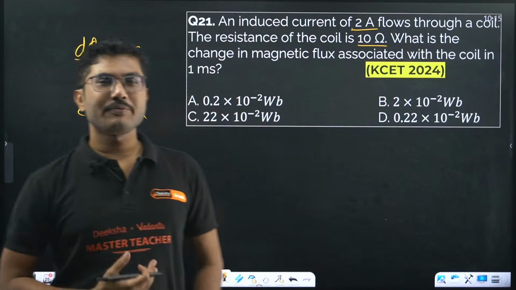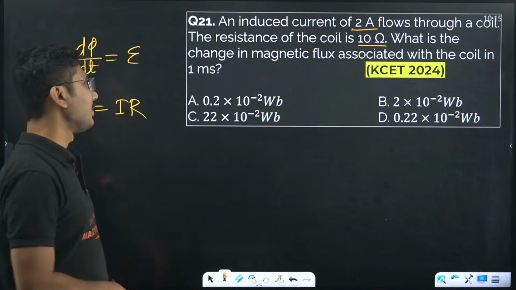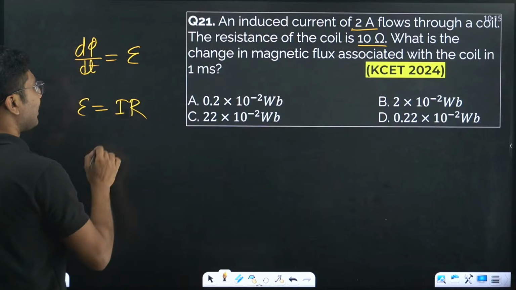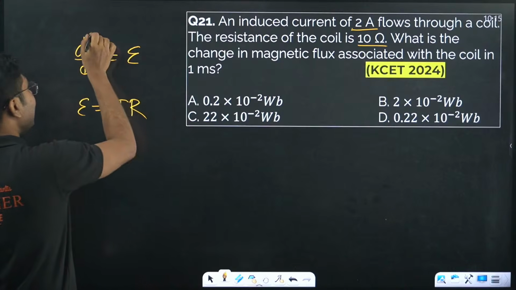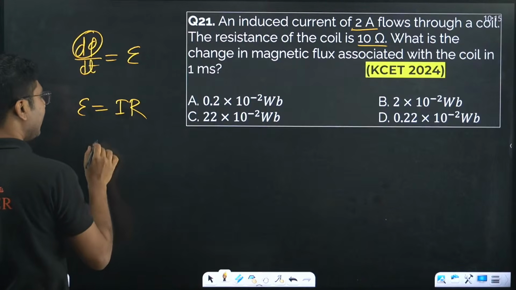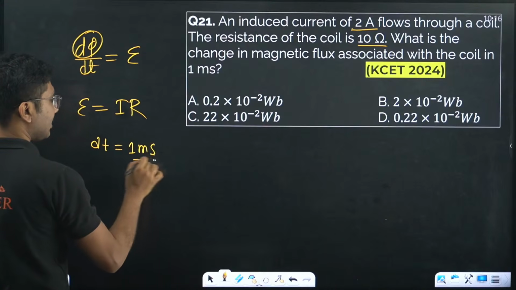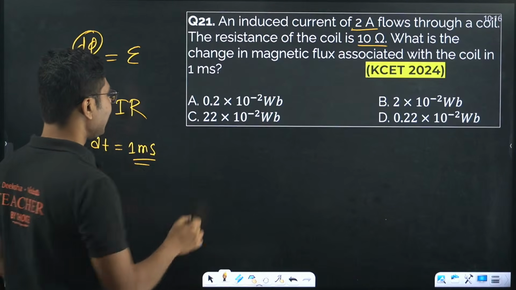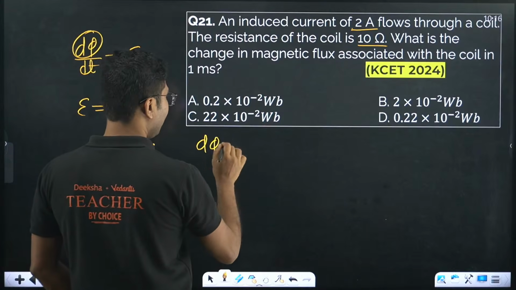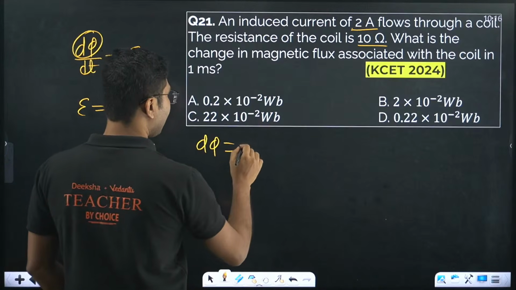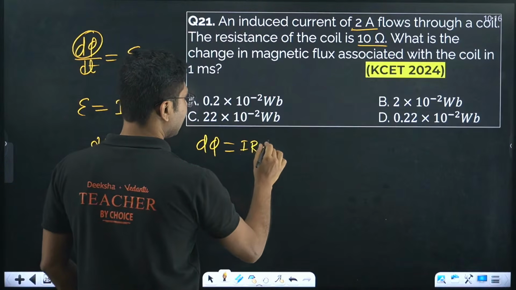So induced EMF is nothing but a voltage source, so E equals IR. We just need to find the d phi value when dt equals 1 millisecond. That is our target. So d phi equals epsilon dt, that is IR dt.